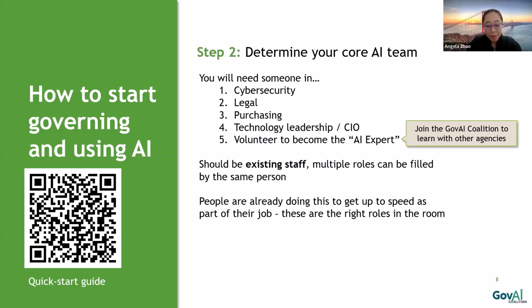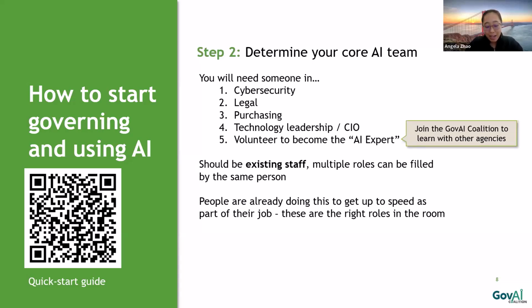So to build the team, we've identified 5 key roles, and they are cybersecurity, legal, purchasing, technology leadership, and an AI expert. We want to be clear here that the AI expert doesn't need to be someone who's already familiar with AI or has a technical background. They just need to be someone who's willing to get up to speed. And we have had folks from all backgrounds volunteer to be the AI expert for their agency.